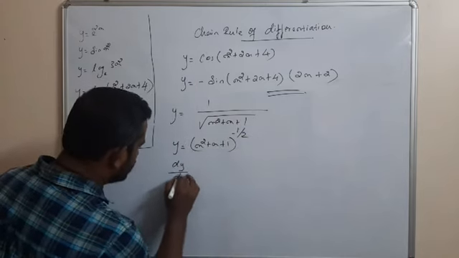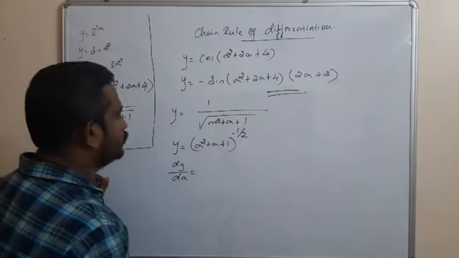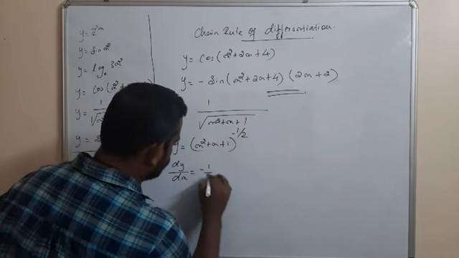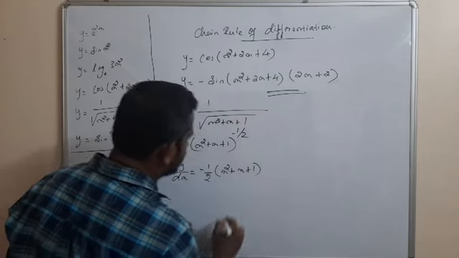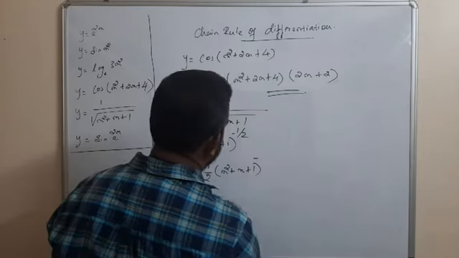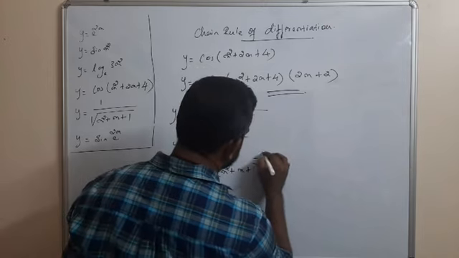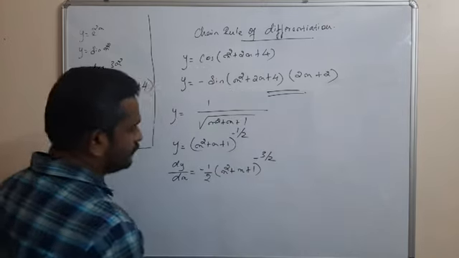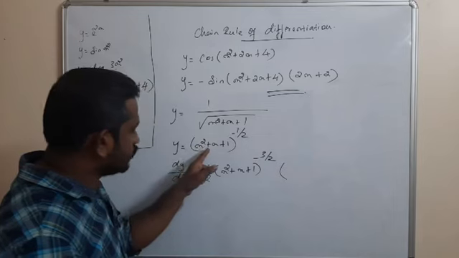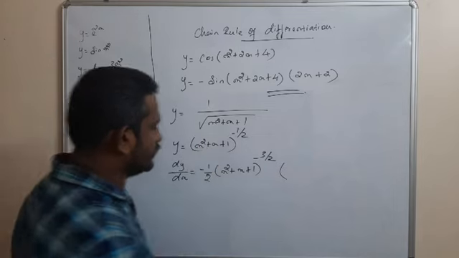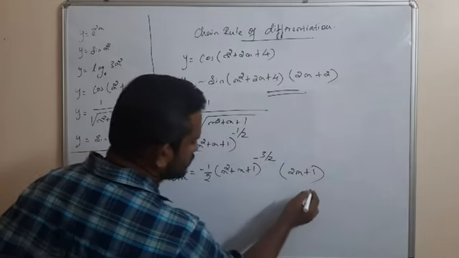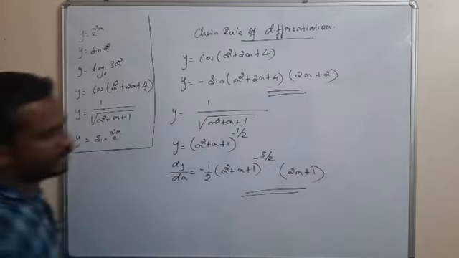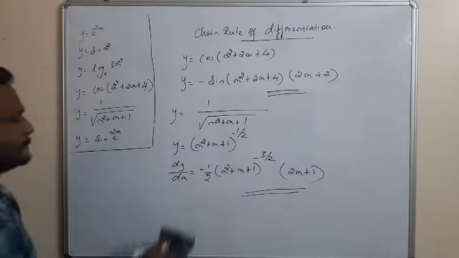So dy by dx equal to minus 1 by 2 times x square plus x plus 1 to the power minus 3 by 2. Then again differentiate x square plus x plus 1, that is 2x plus 1. So this is the differentiation.